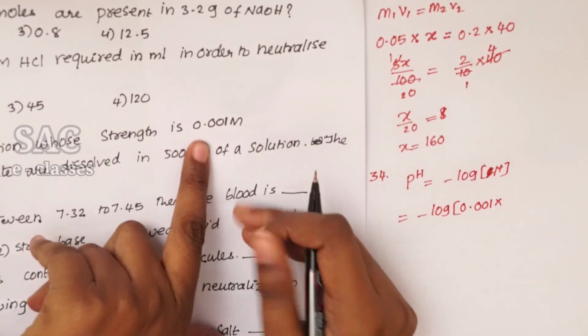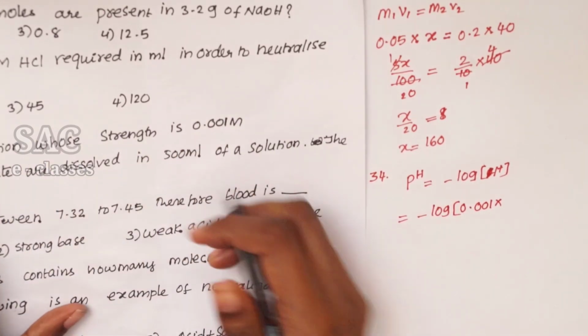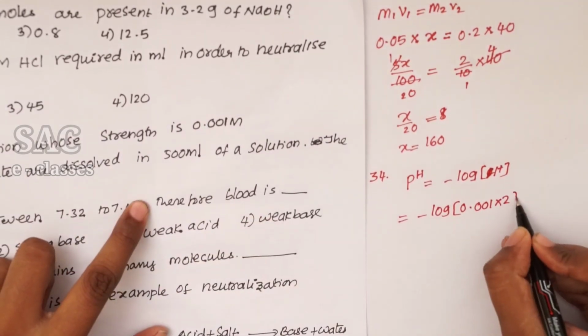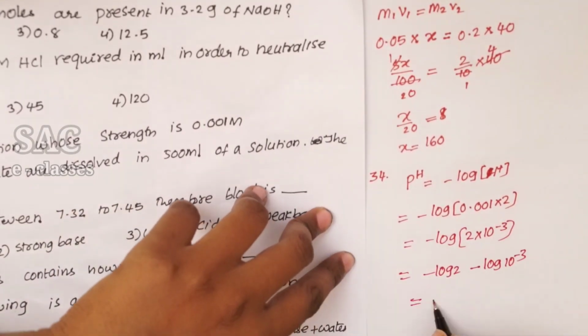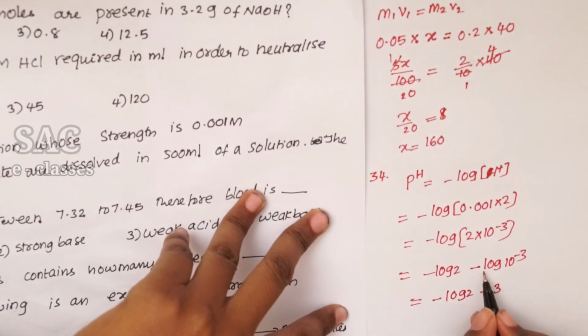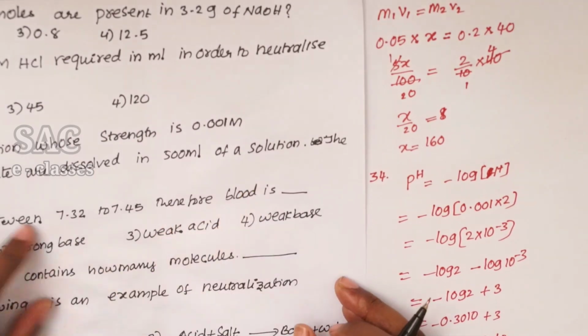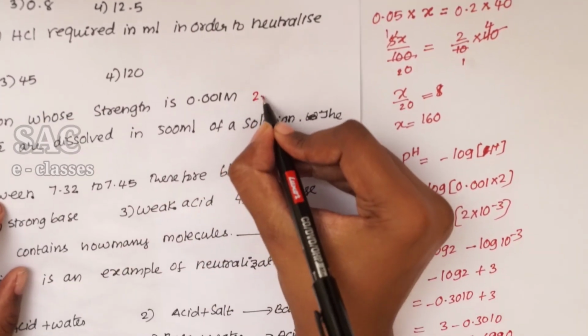But actually what is the basicity? Nothing but the H plus ions present in H2SO4 is 2. So into 2. We know that minus log of 10 to the power of minus 3 is 3. We know the log 2 value is 0.3010. Subtract it. You will get around 2.6 as the pH.